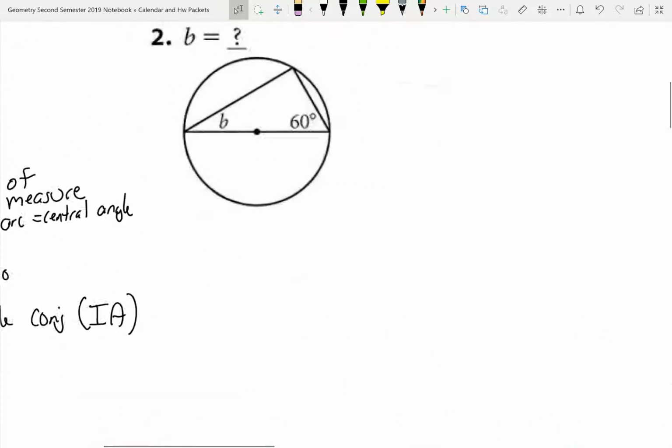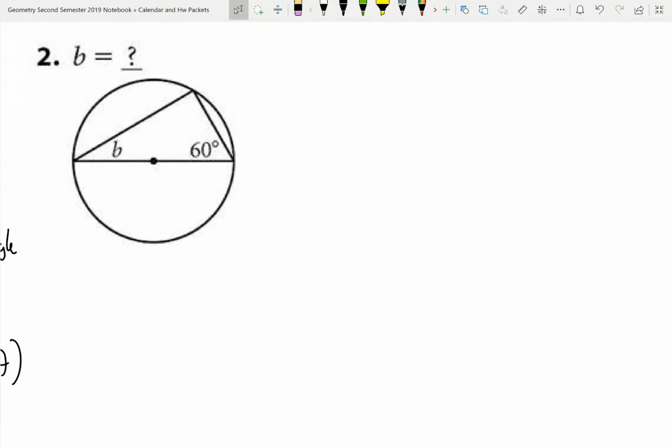Okay. In number 2, we can see that this angle here is 90 degrees because of the angles inscribed in a semicircle conjecture. And that we'll call it angles inscribed in a semicircle are right angles.